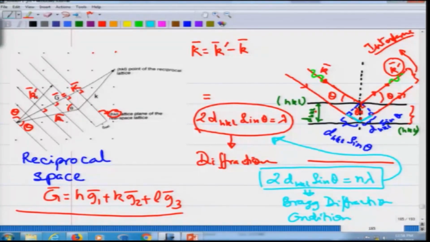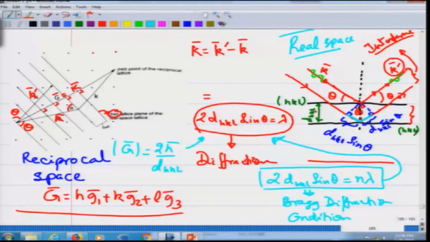From the reciprocal lattice consideration, when we wrote that the magnitude of the vector G should be equal to 2 pi by d_hkl, this also gave us this condition, which is nothing else but the Bragg diffraction condition which we are seeing in real space. So, the two are exactly equivalent and identical, and for n equal to 1, where n is some integer, it gives the first order maxima in your diffracted beam.